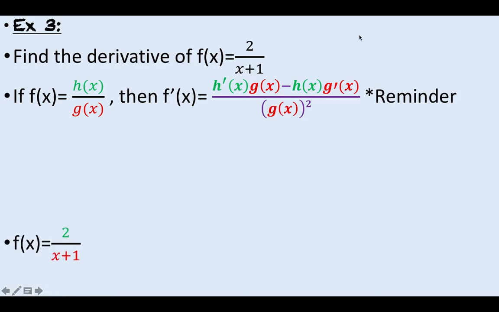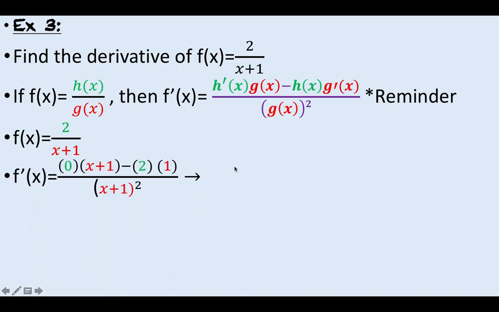Let's go ahead and do this. But before that, let me color code so that the top function is green, bottom function is red. All right, let's apply the rule. Notice I took the derivative of 2, and as a reminder, everybody, the derivative of a constant is always 0.